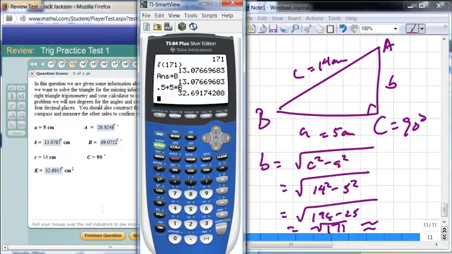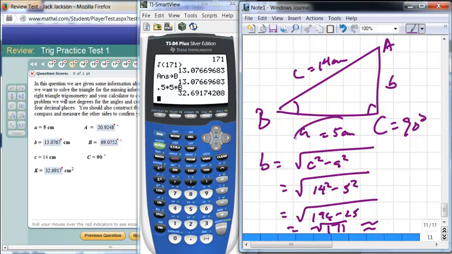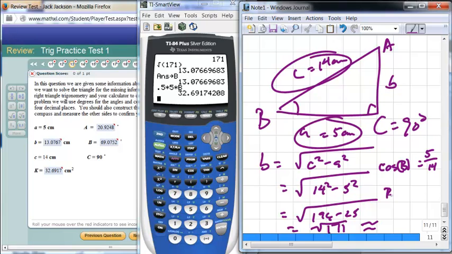Okay, so let's see, we've got the area and all the lengths. We just need to find the angles. The two sides that we have, compared to angle B, are adjacent and hypotenuse. So that's cosine. So cosine of angle B is 5 over 14. So B is the inverse cosine of 5 over 14.